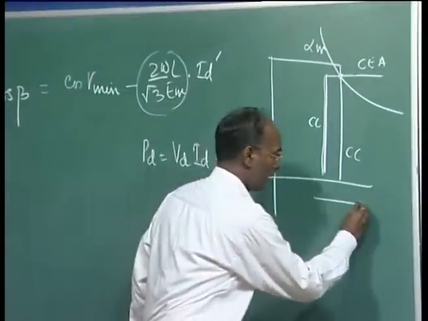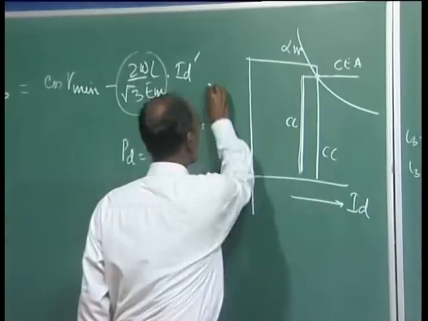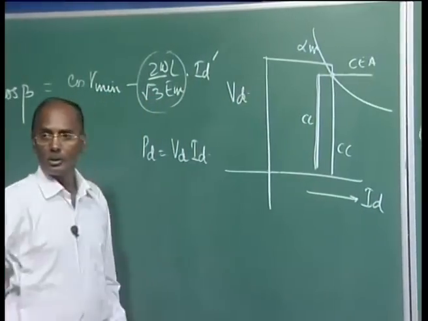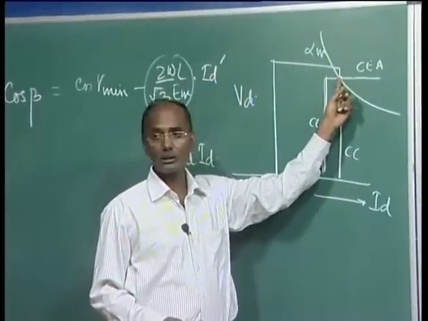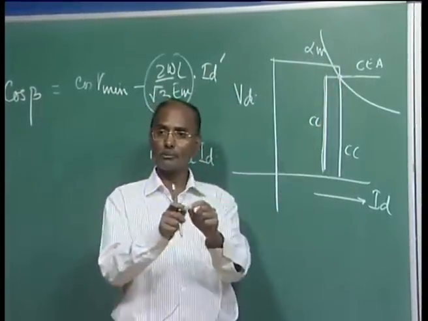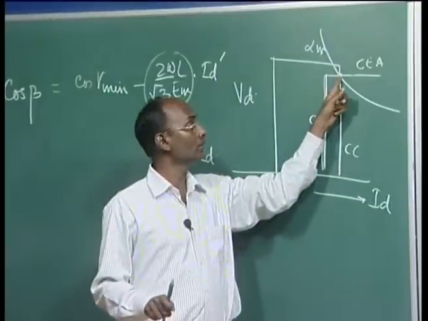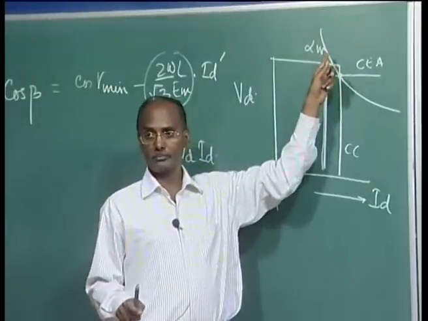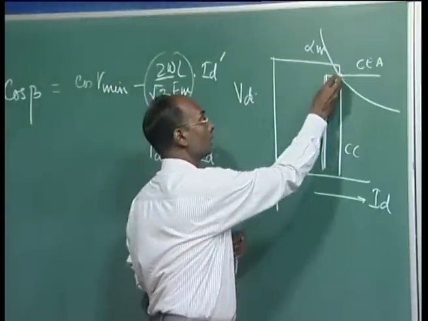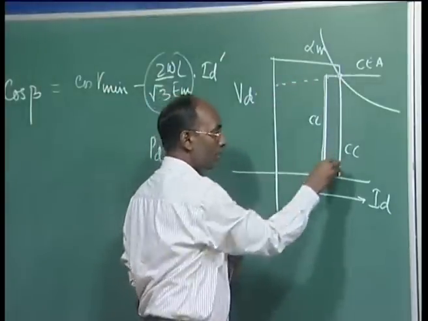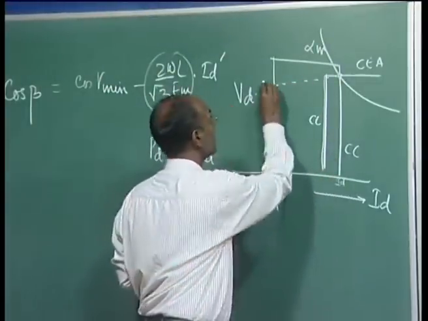This is your ID, this is your VD. So the power characteristic for a given operation point is this intersection, and the power flowing in the link will be this value, this current multiplied by this voltage.